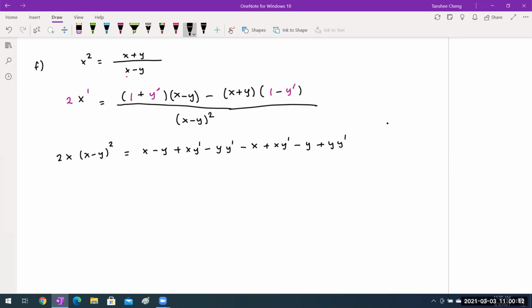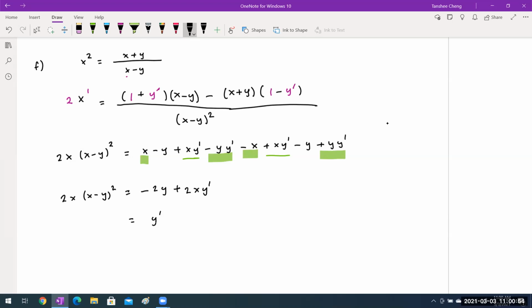So you can see already, these two terms will be eliminated, right? And then the other terms, I only need to leave these two terms, and the rest will be getting rid of also. And then we can see that this x term and then minus x term will be gone also. So when I simplify a little bit, that will become 2x minus y squared, which will become minus y, negative y minus y will be negative 2y, plus xy prime will give me 2xy prime.